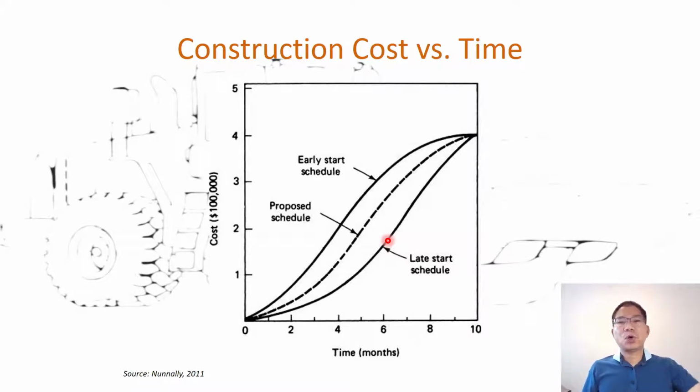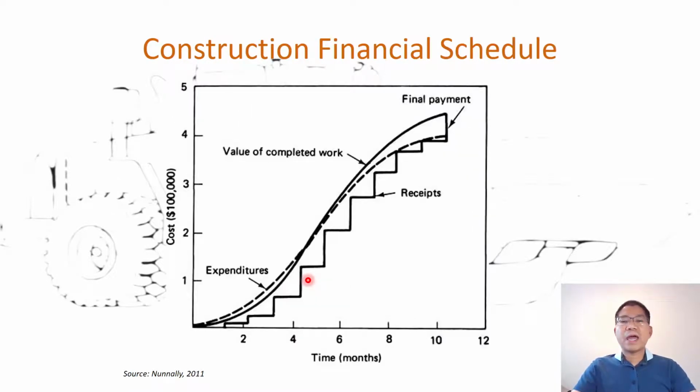So the proposed progress schedule tends to be between the early start and early finish, because we don't want to move too much later, because that may be risky if something happens, like a hurricane coming, especially this season. So it is somewhere between the early start and early finish schedule. And how that affects the receipts from the client and your expense.